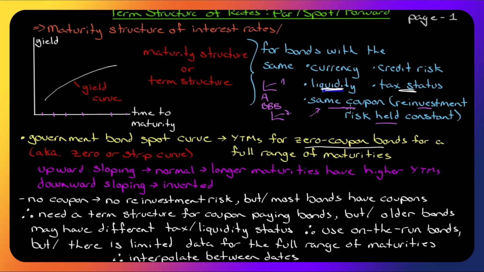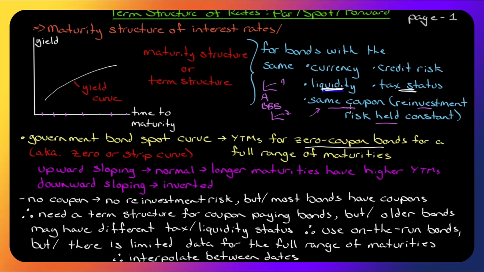I'm going to repeat what I just said because it's extremely important that you get the difference between the spot curve and the par curve. The spot curve is for zero coupon bonds, so there is no reinvestment risk. But a yield curve must reflect a group of bonds that are similar on all their characteristics.